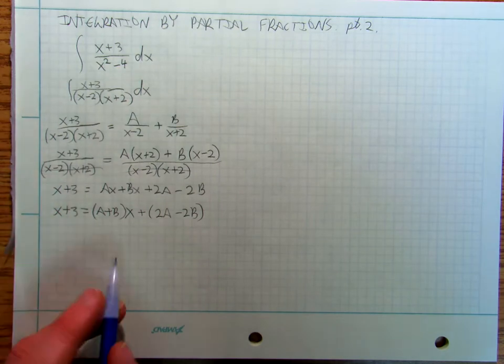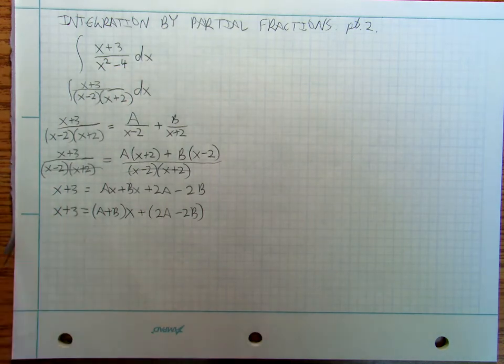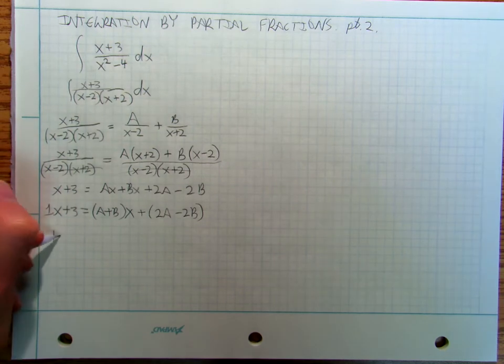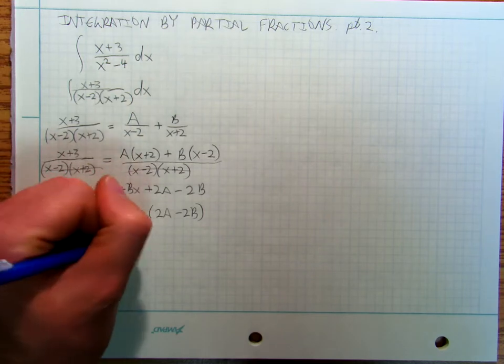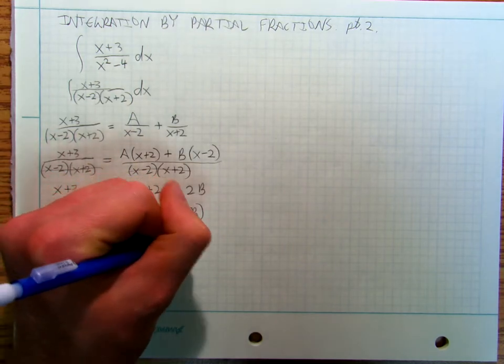So now I've got two equations. There's a 1 there, so 1 equals A plus B, and 3 equals 2A minus 2B.